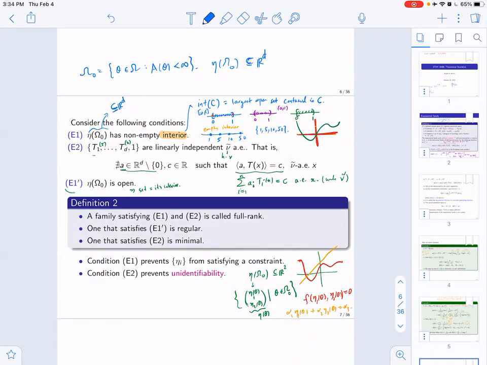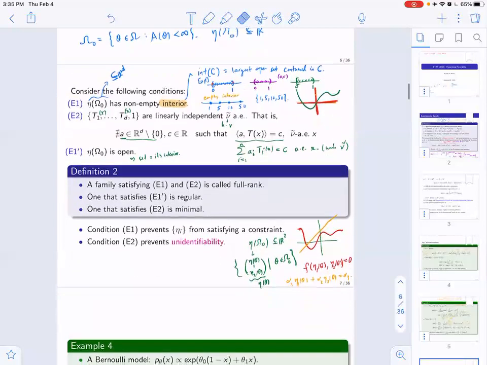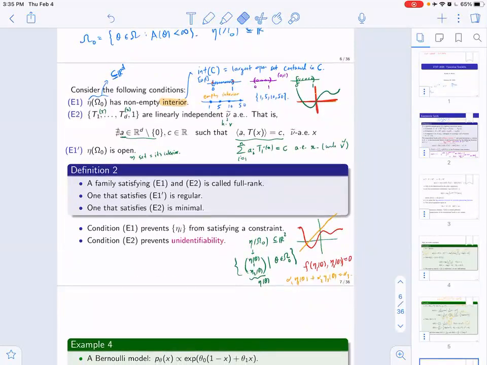Furthermore, we are going to assume that the coordinates of the sufficient statistic and 1 are linearly independent, in the sense that I can't write a linear combination of them and set it equal to a constant that would hold everywhere under the underlying measure. So under these two assumptions, E1 and E2, the model is called full rank exponential family.